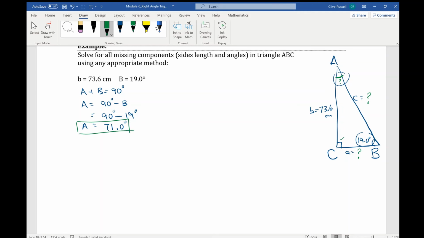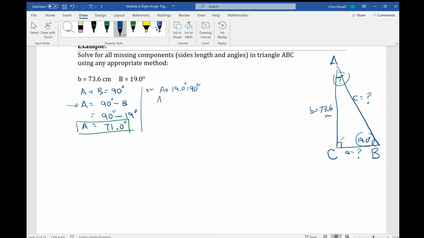All right. Now notice what I did here. I isolated for A first, then I plugged the value for B. Now if you wanted, we could have said that angle A plus B, we know it's 19.0 degrees, equals 90.